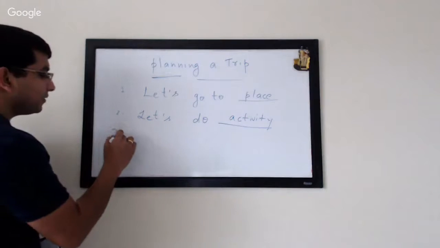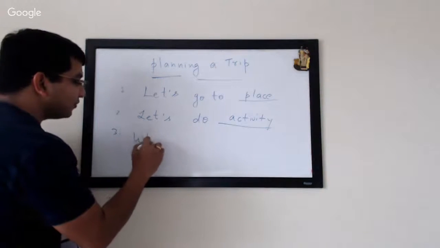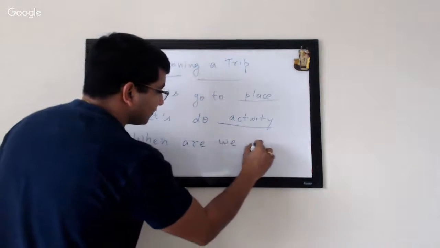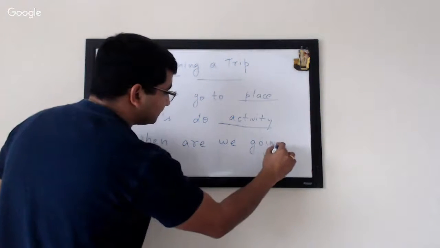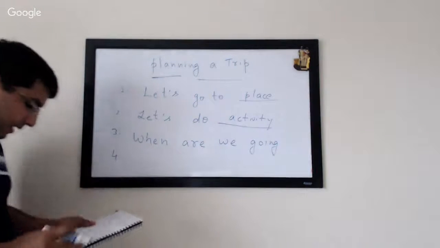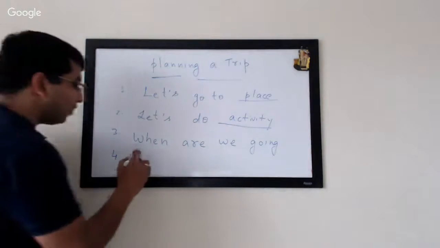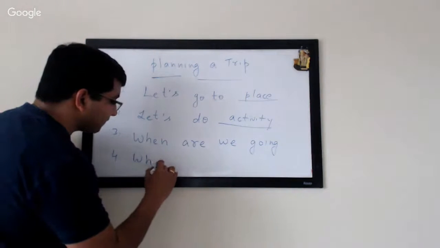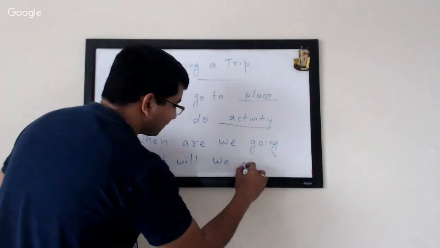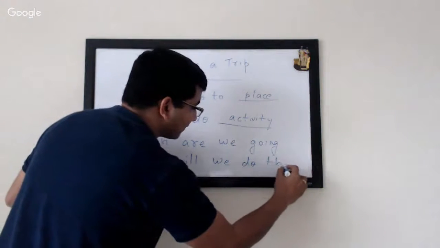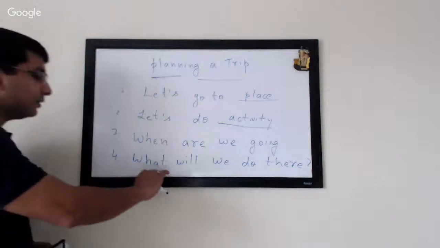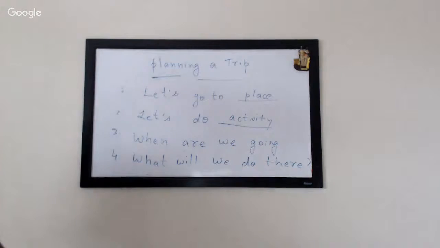Other things are: when do you plan to go? When are we going? And then, what will we do there? So these are the activities or things you'll be doing at a particular destination you are going to.